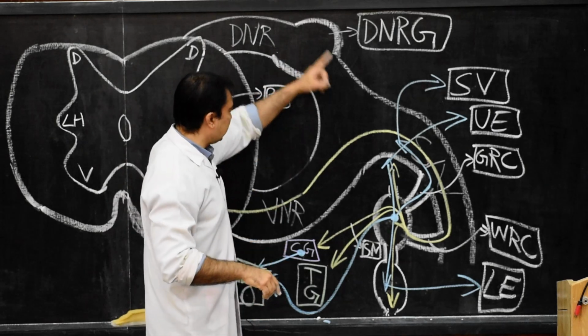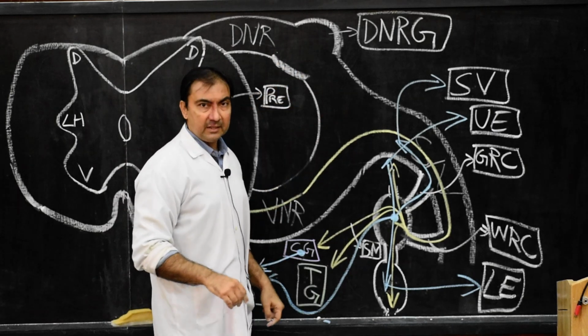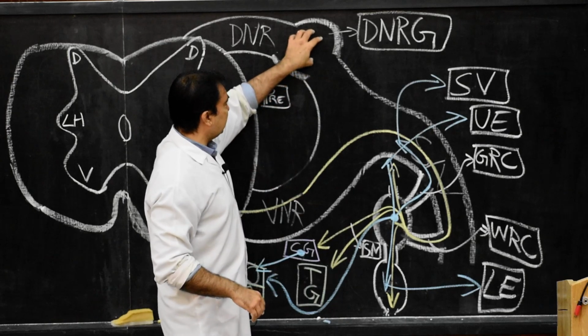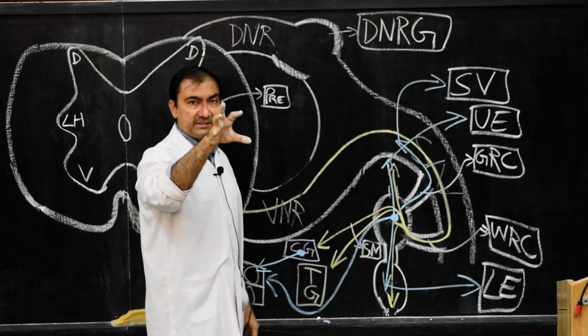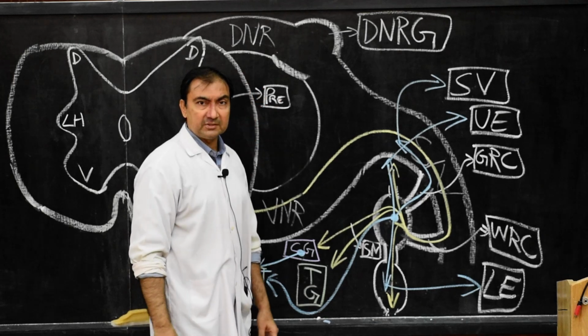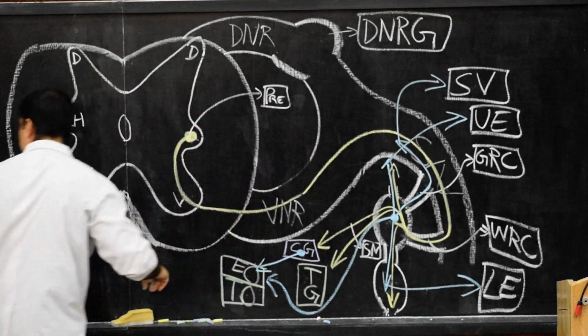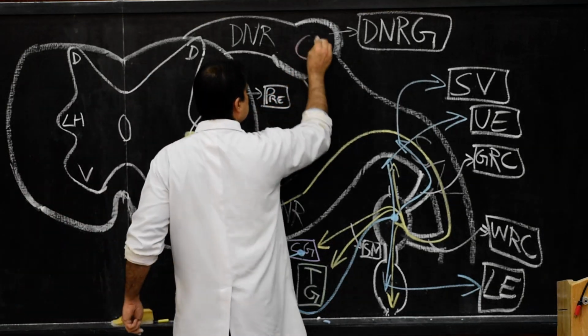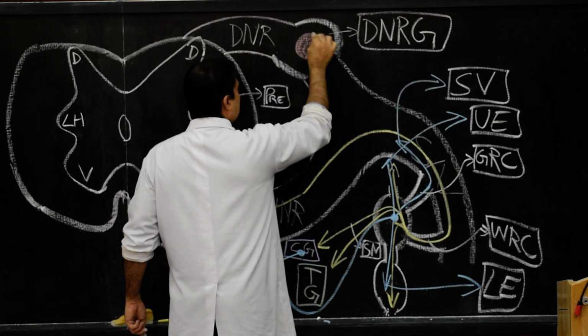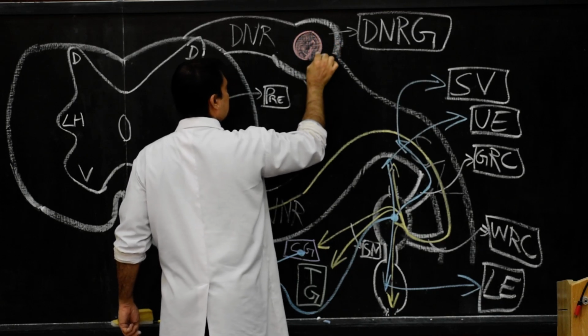So supposing this is one particular level, one particular segment. Here we consider that this is the cell body where the sensory component of the sympathetic system is located within the dorsal nerve root ganglion. So if I draw the sensory component over here, this is the cell body which is located in the dorsal nerve root ganglion.